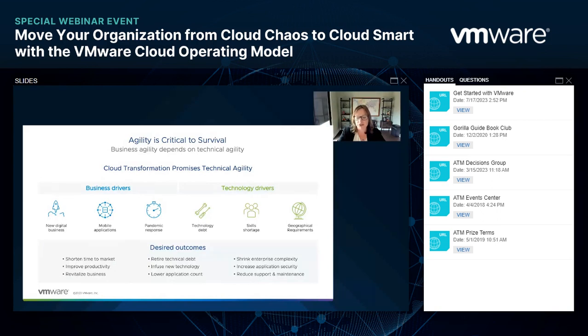And so cloud transformation has always promised this level of technical agility, and that has driven businesses to increase their use of cloud services.